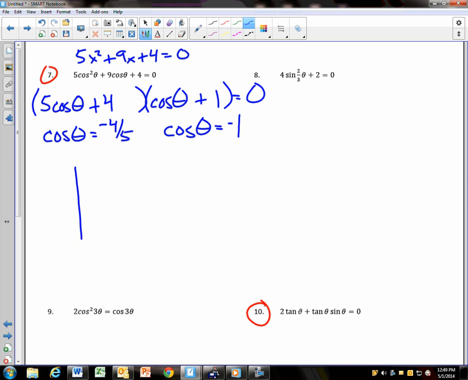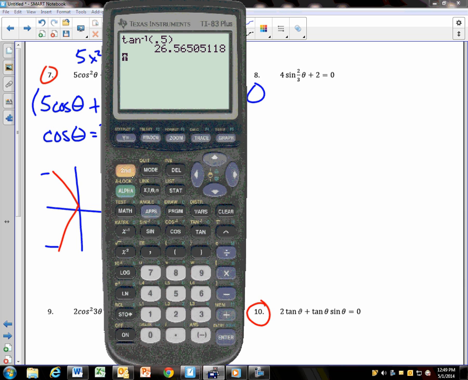Where's cosine negative? 2 and 3. You get that 37.13?